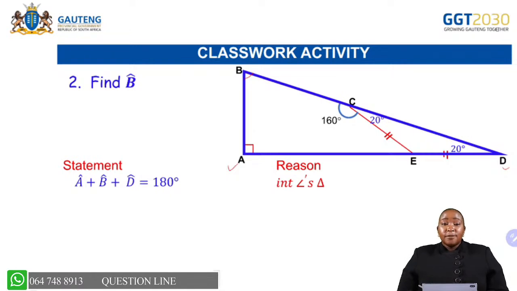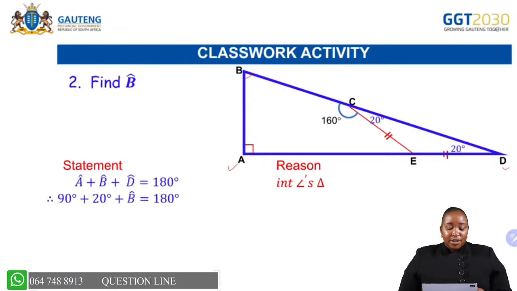What do we do next? From here, we substitute the values that we know for the angles, right? We are aware that angle A is a right angle, so it's equal to 90 degrees. So we substitute it in, and then angle D there is 20 degrees.